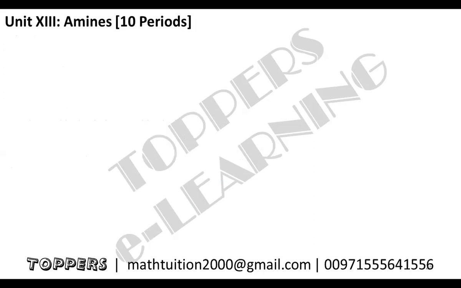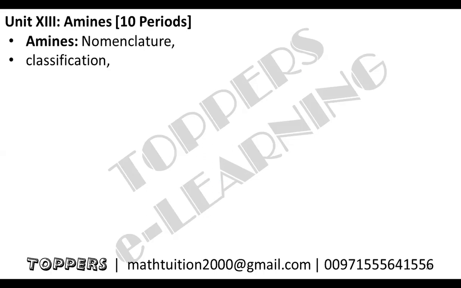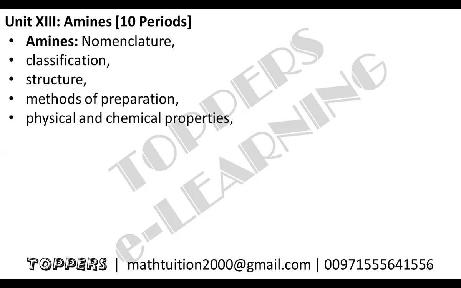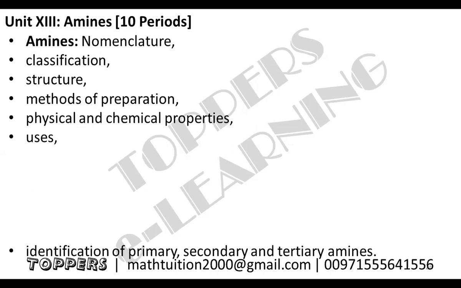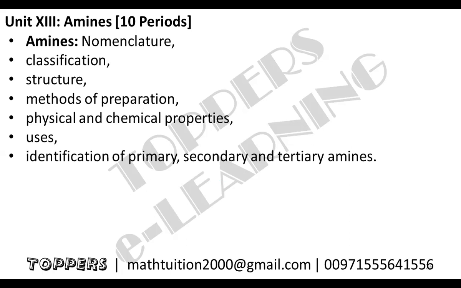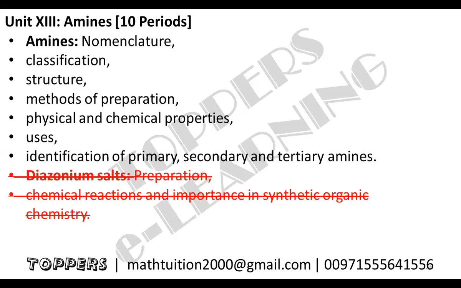All these topics are there. Unit 13, amines: nomenclature, classification, structure, methods of preparation, physical and chemical properties, uses, identification of primary, secondary, and tertiary amines. But diazonium salts preparation is removed, chemical reactions and importance in synthetic organic chemistry removed.